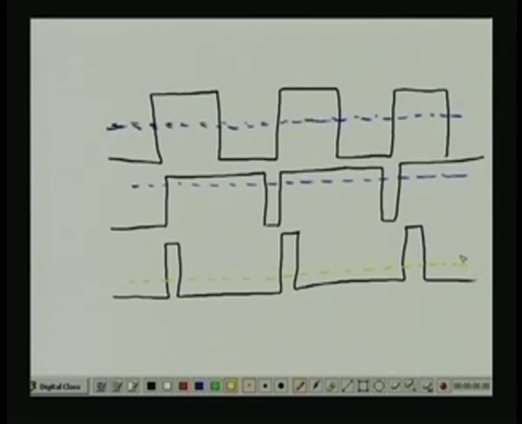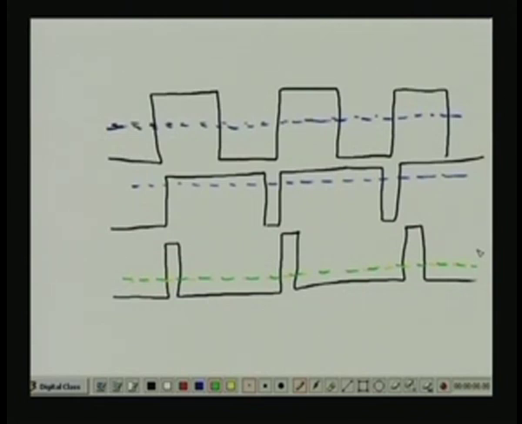I do not know, it might not be very visible, so I can take some other pen. You see the average value is changing in all the three cases, isn't it?